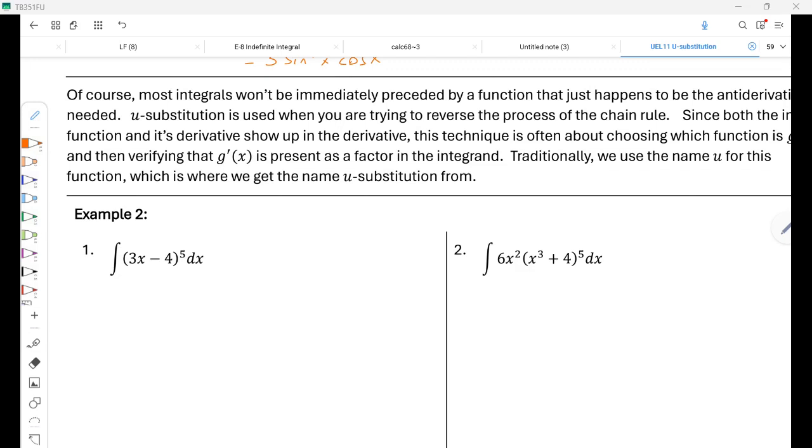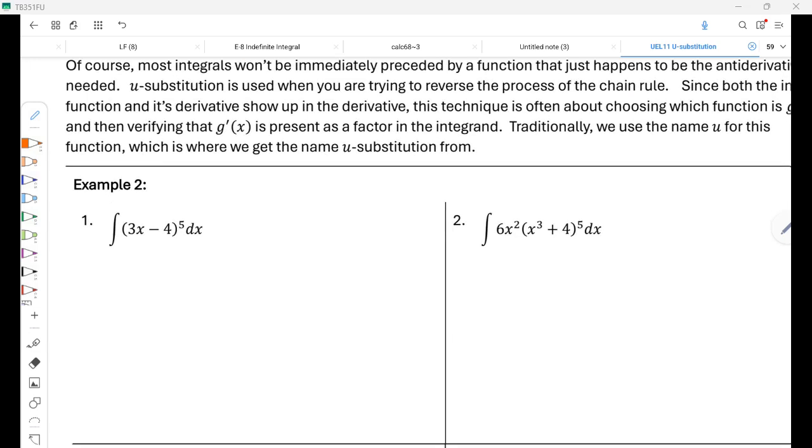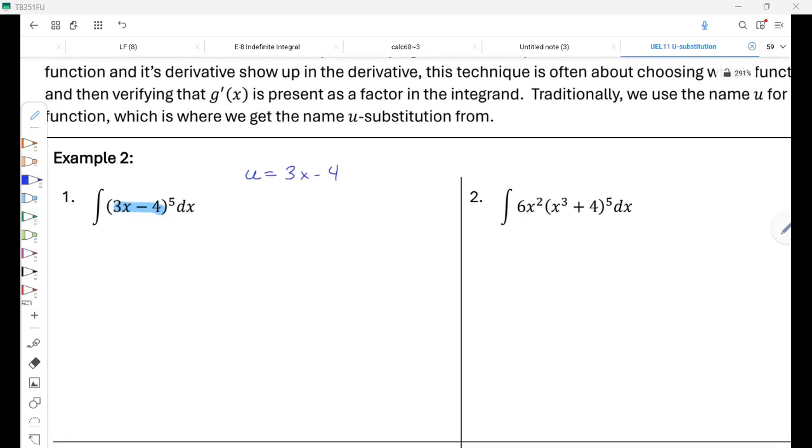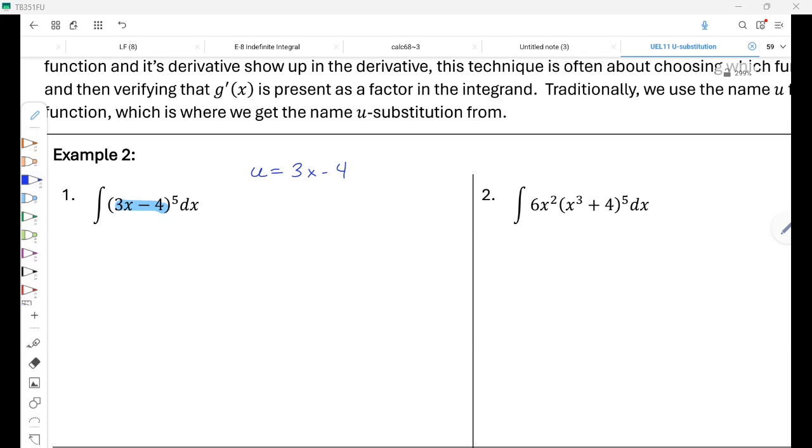So whenever you have a linear argument, U sub is going to be an option. What we're going to do is take that linear argument and define it as U. U equals 3x minus 4. In any case that we're doing U sub, we're taking part of our integral and labeling it as U equals.